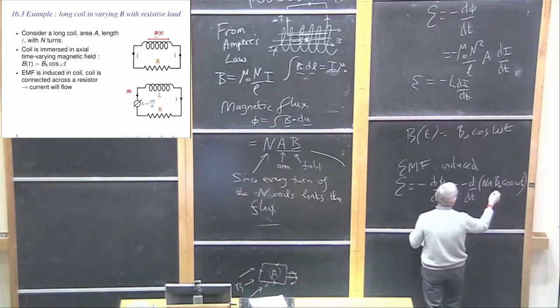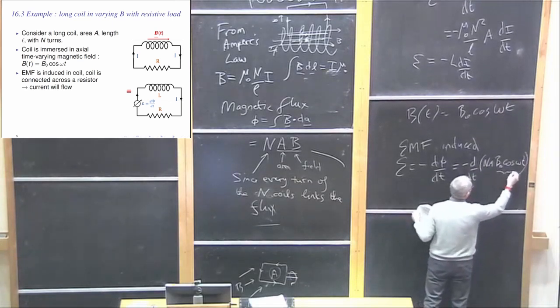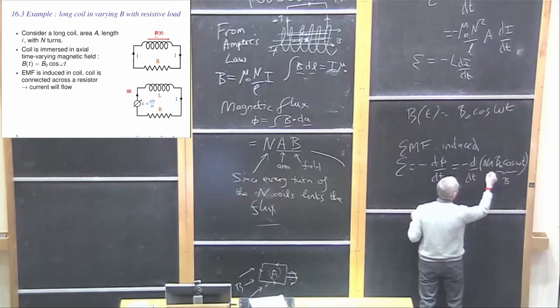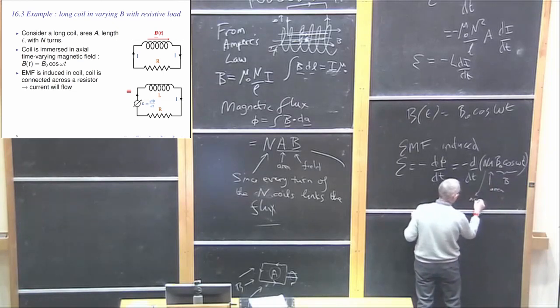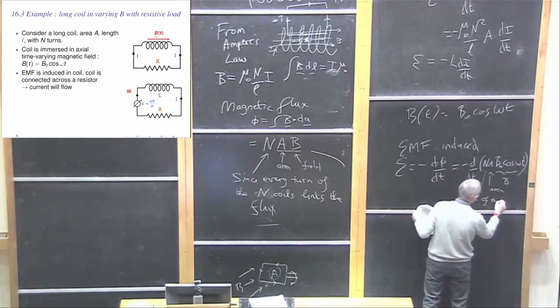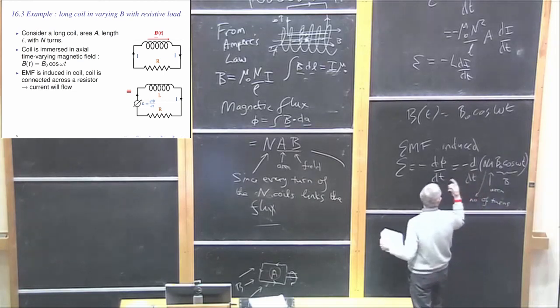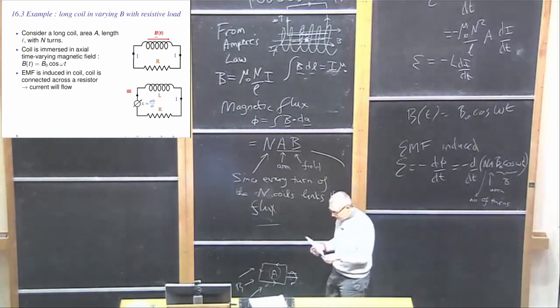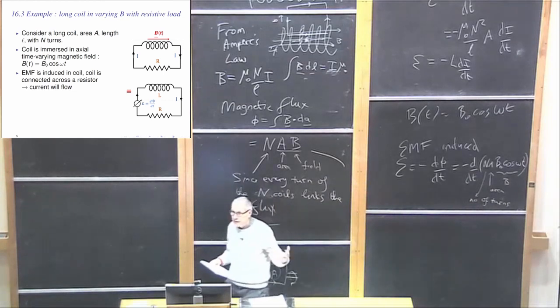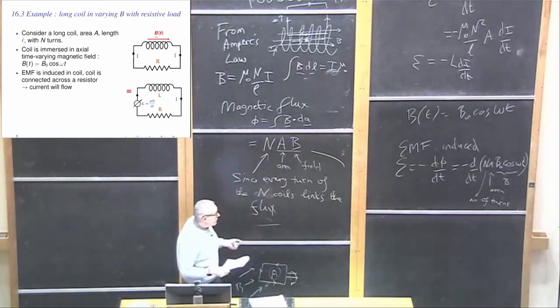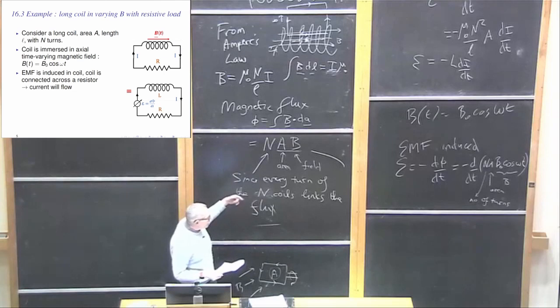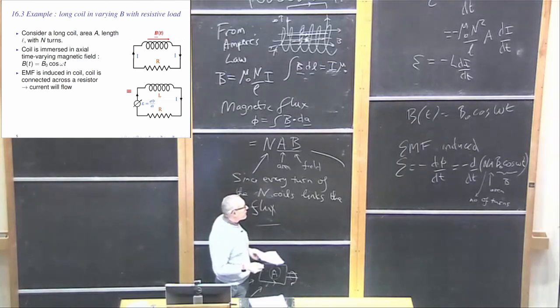All right, because this is the field, this is the area, and this is the number of turns. Because each turn will generate a magnetic field. Sorry, each turn will link the flux.